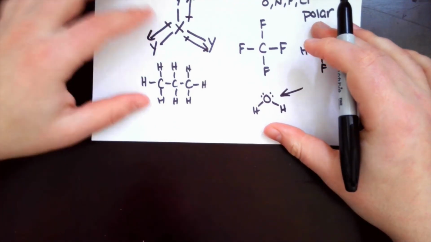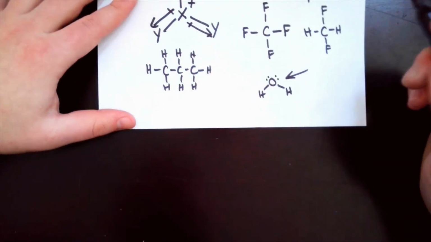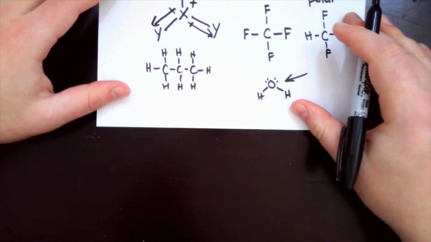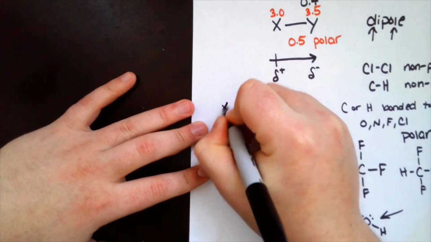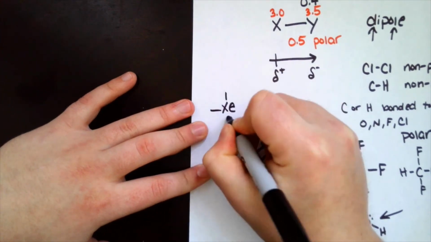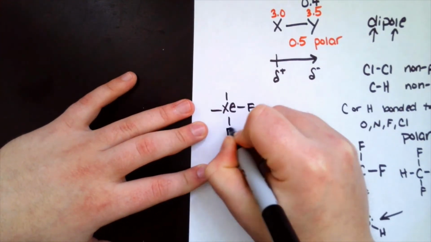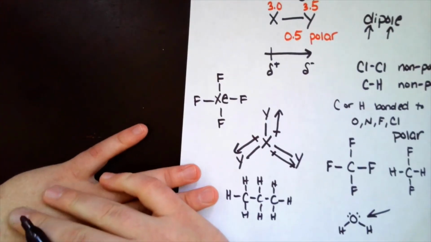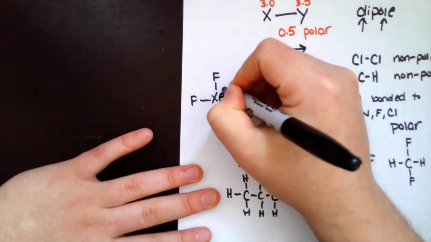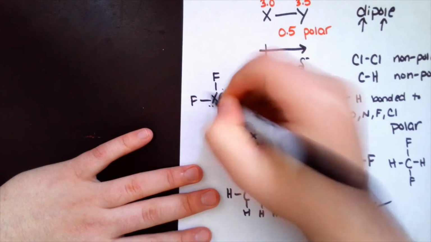Now, an example of molecular geometry with lone pairs that can be nonpolar is xenon tetrafluoride. If you recall from when I was drawing Lewis structures, this goes back to where I said that if you had four bonds, you had to put the lone pairs opposite each other.